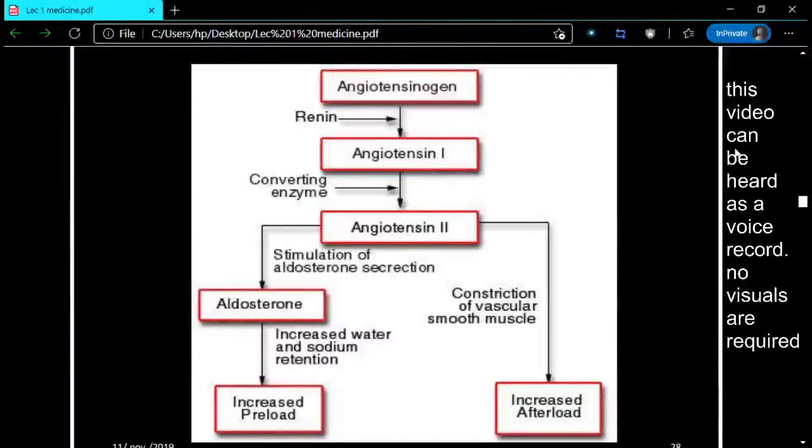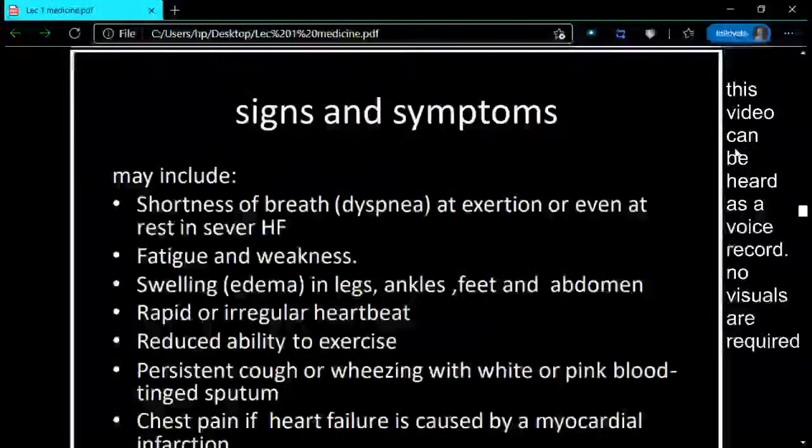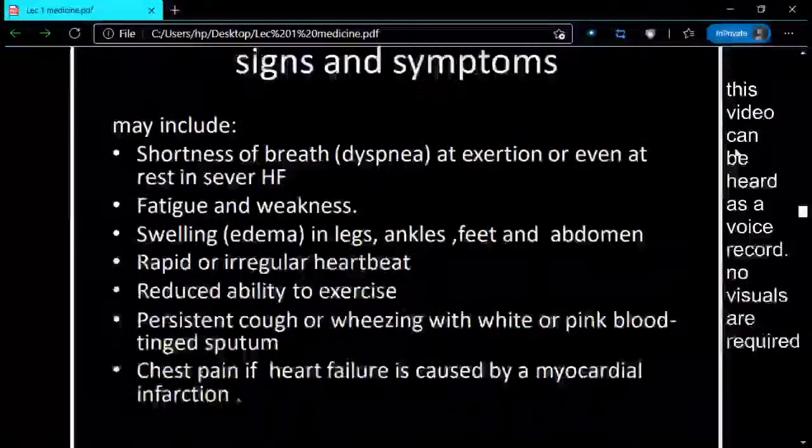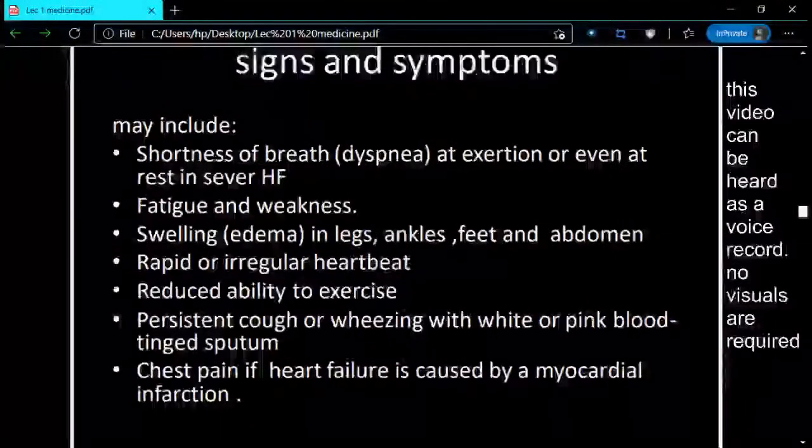Afterload, angiotensin, aldosterone system. Signs and symptoms of heart failure, as we will discuss right now.